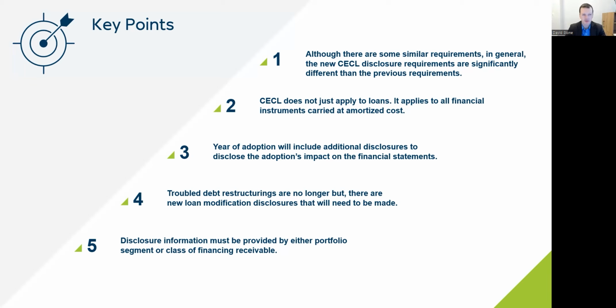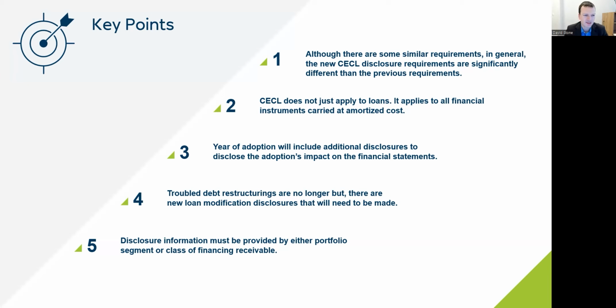So essentially, however you're slicing and dicing your loan portfolio in your CECL model, that's how it should be disclosed in your financial statements. So for instance, if you're using call report code to develop your loan pools, if you've deemed that that's what distinguishes the risk characteristics of your overall loan portfolio, that would be your portfolio segments.